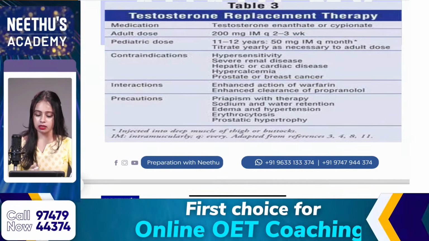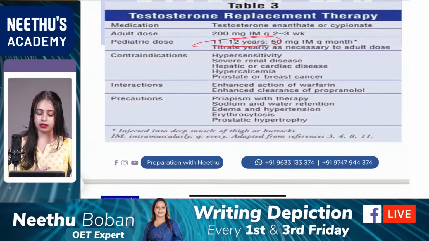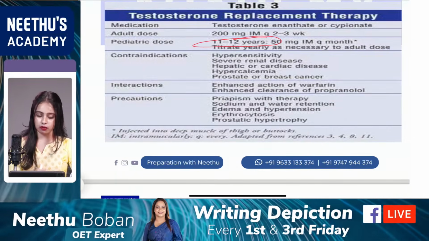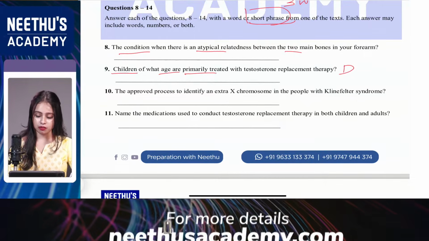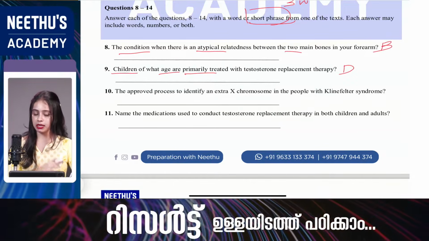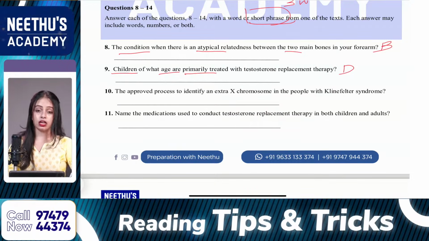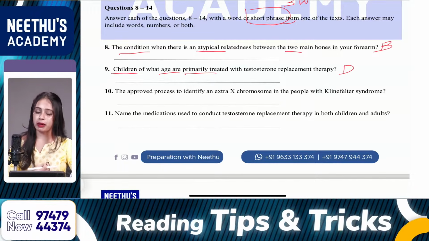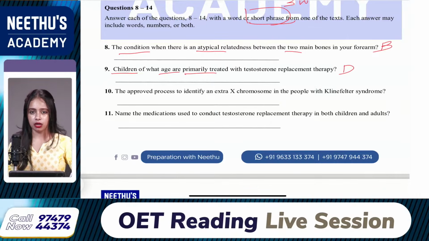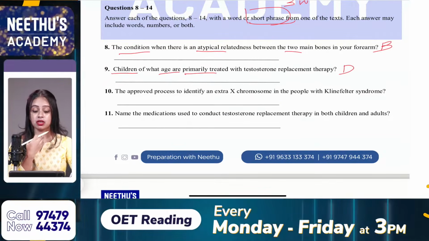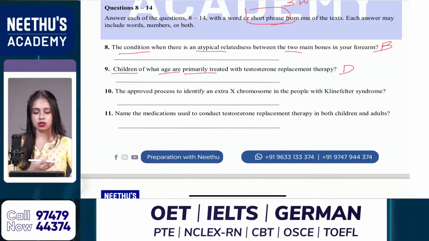The correct answer is 11 to 12 years, from text D. If the word years is not mentioned there, you don't have to write it. Here 11 years is directly mentioned, so you can write 11 years.